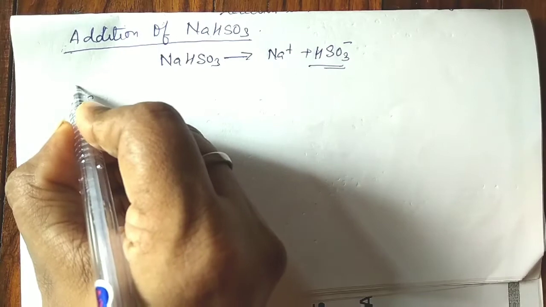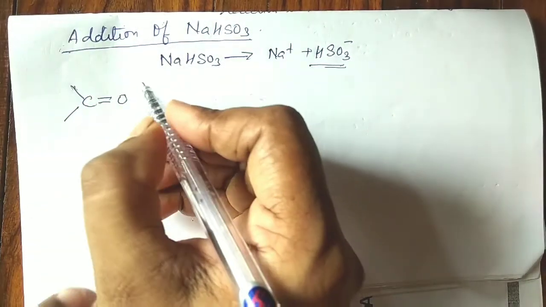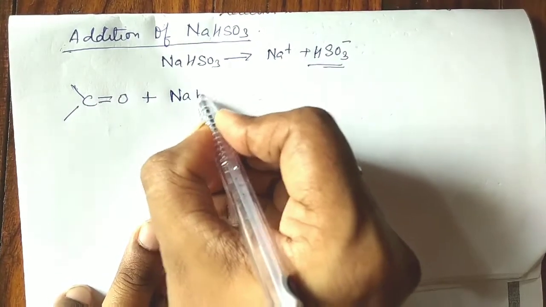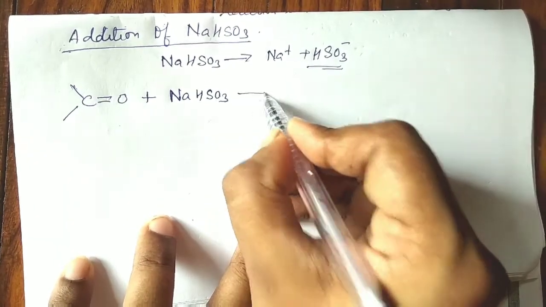So the reaction will proceed as carbonyl compound plus NaHSO3. You know that the reaction will be a reversible one.